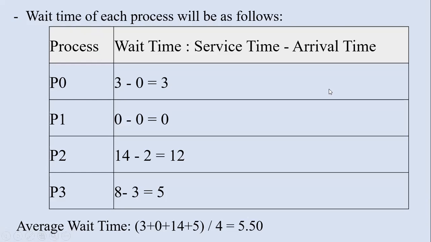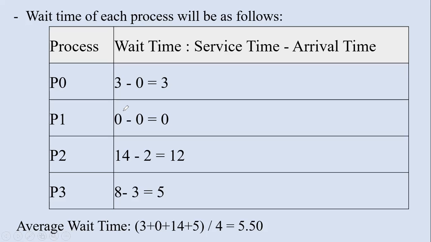What about the waiting times for each of these processes? Remember, we have said waiting time is equal to service time minus arrival time. So process P1, remember, we have said the first process to be attended to will be process 1.